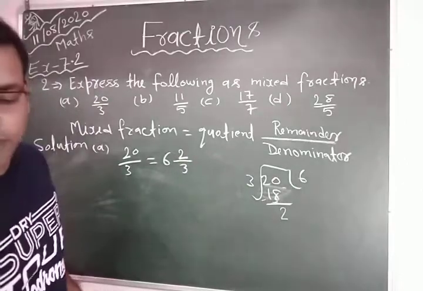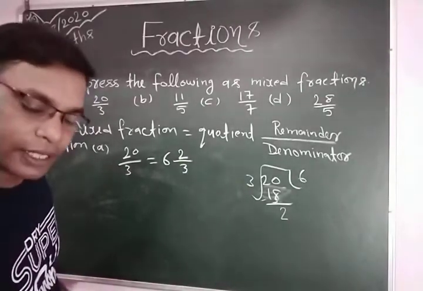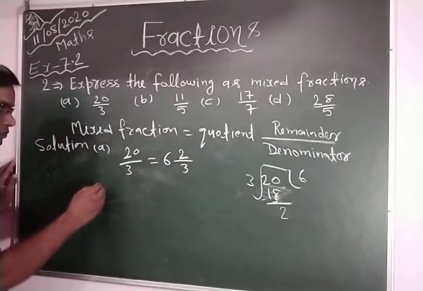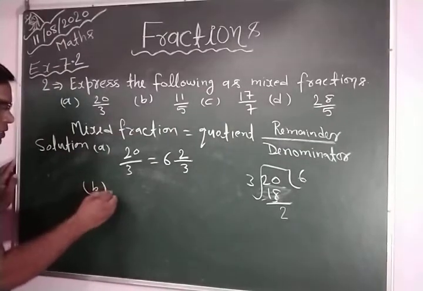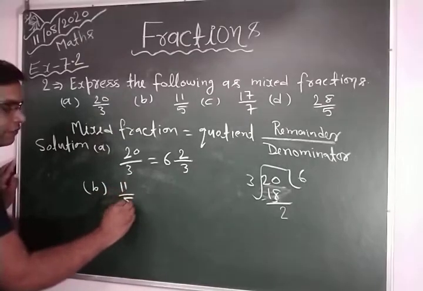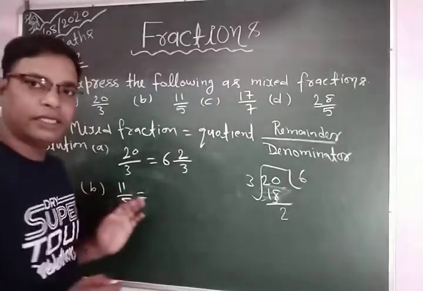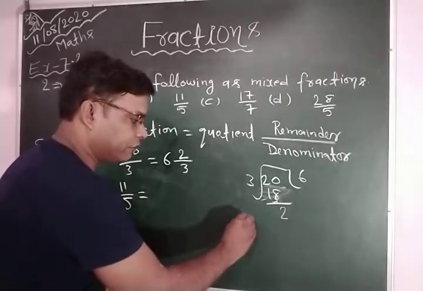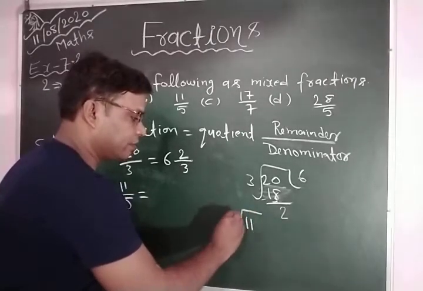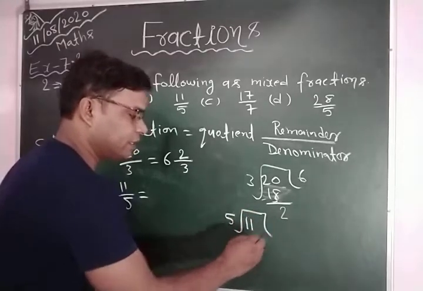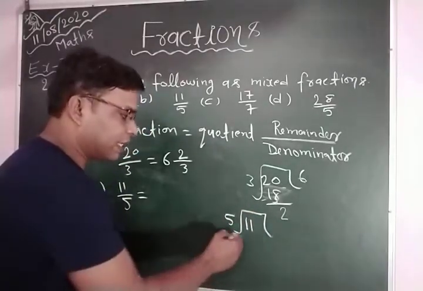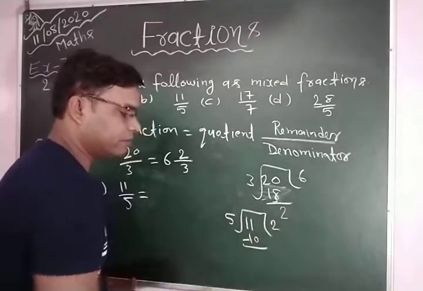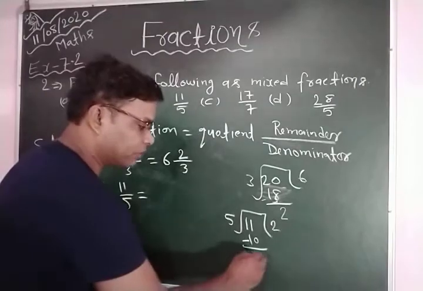Okay, now let's see the second part of this question. B part is 11 by 5. So first we divide 11 by 5, and we obtain the quotient 2, since 5 times 2 is 10. We subtract 10 from 11 and obtain 1.